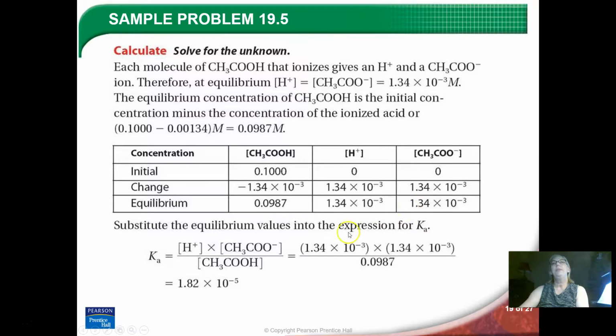Then I can just plug these numbers into the Ka formula and do the math. So try all this. Make sure you understand this problem. It's very important, this ICE chart way of analyzing the problem. These are equilibrium problems where you need an ICE chart. So please understand it, do the math, and see if you can get the value in your calculator.